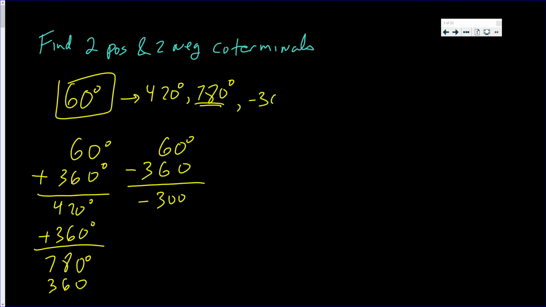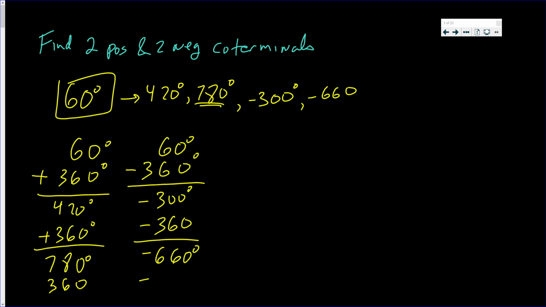Now, if you have 60 degrees and you take away 360, you'll be at negative 300. That's one of the negative coterminals for 60. I can take away another 360, which means I'll be at negative 660. That's another one. Those are the two easiest ones.